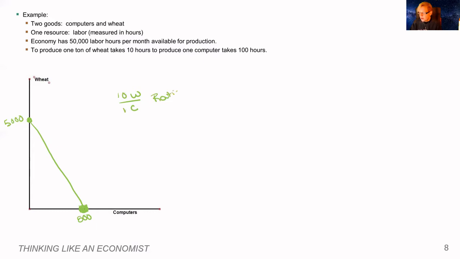Now, there might be additional production possibilities frontiers that we don't see. So a question I often ask on the tests is, which of the following would not be a PPF, or a production possibilities frontier, for these goods? What you want to do is look at which ones abide by a 1 to 10 ratio.